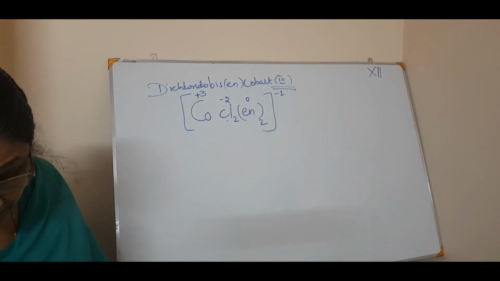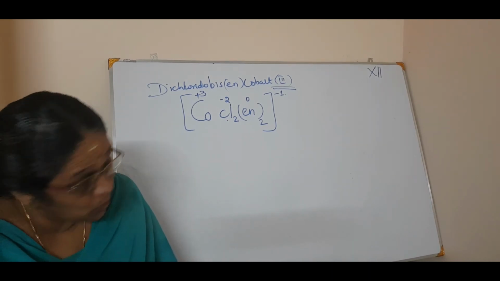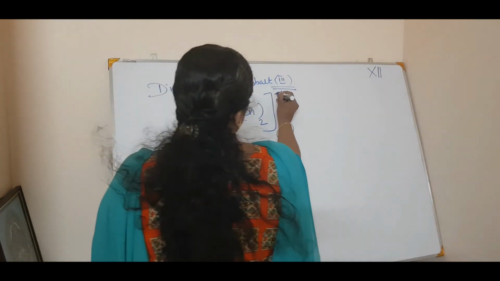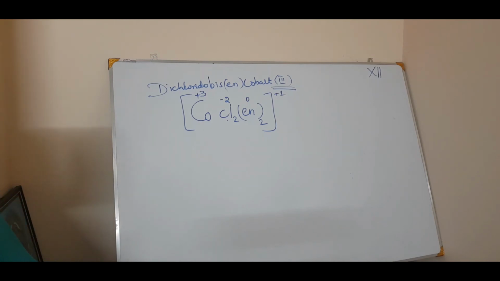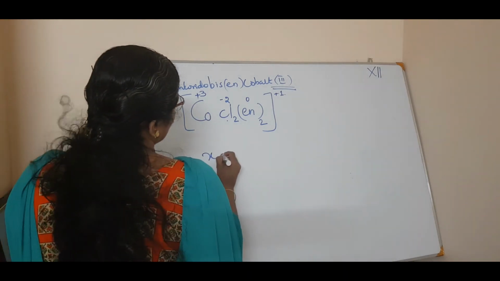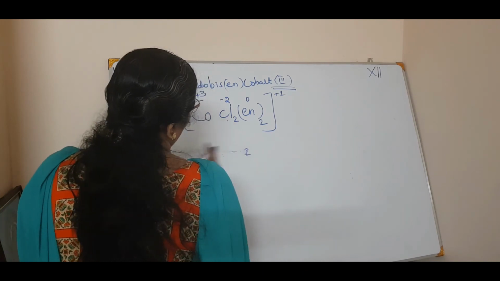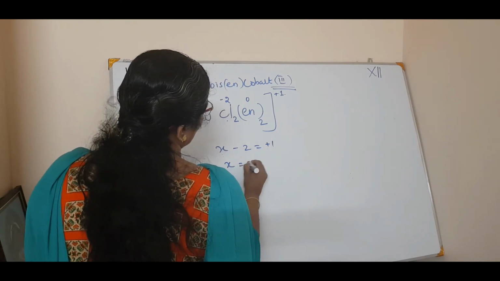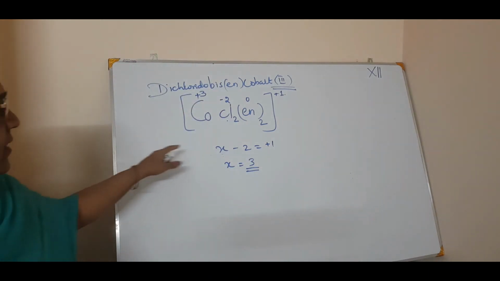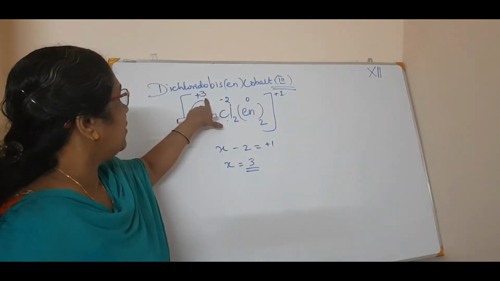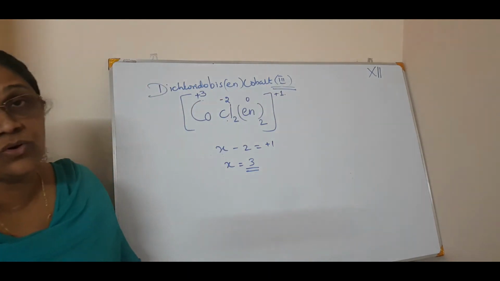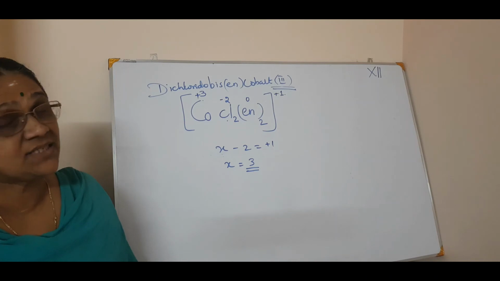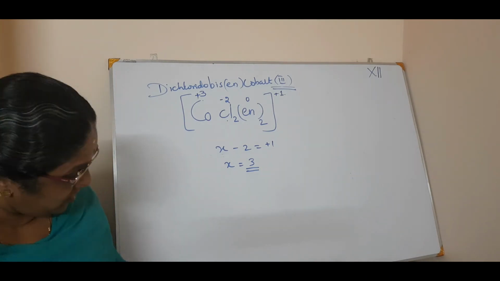Cobalt 3 is what is said. When it is Cobalt 3, Co Cl2 En 2, 3, +1. +1 comes, because x - 2 is equal to +1. So x is equal to 3. Good. So only if +1 comes here can the 3 given to us come here. So in that case this is a charged complex. See, this is a charged complex. Got it?